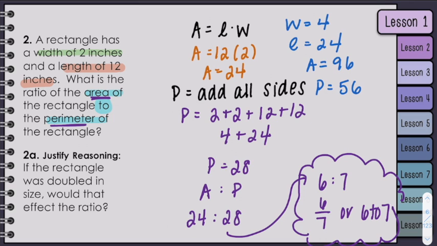So your area to perimeter would be 96 to 56. That would simplify to 12 to 7. So that would be different. So it definitely would affect the ratio. So that's something to keep in mind.